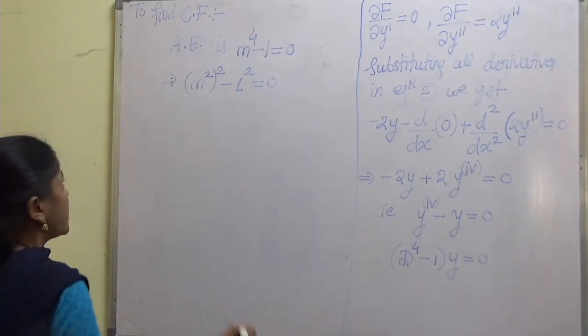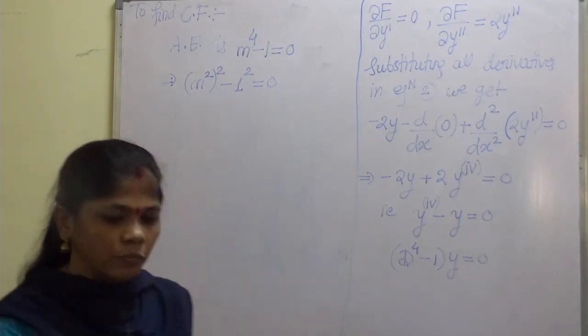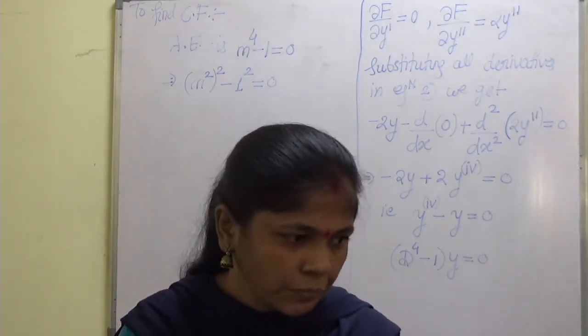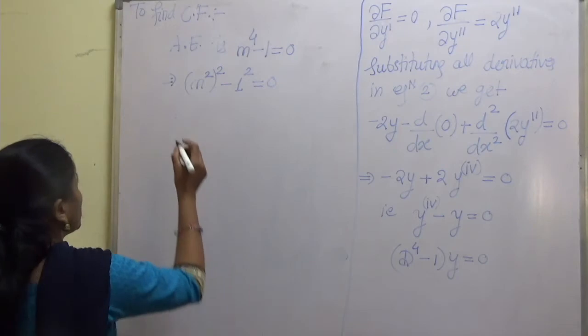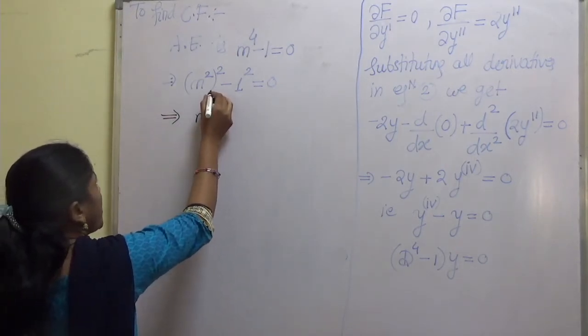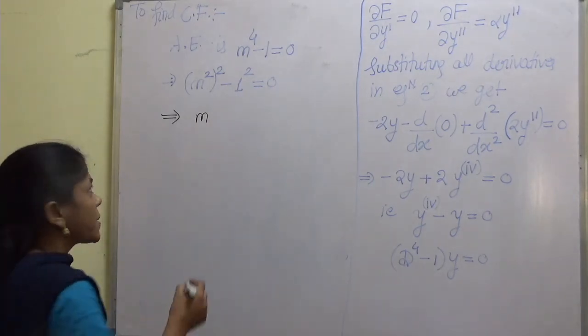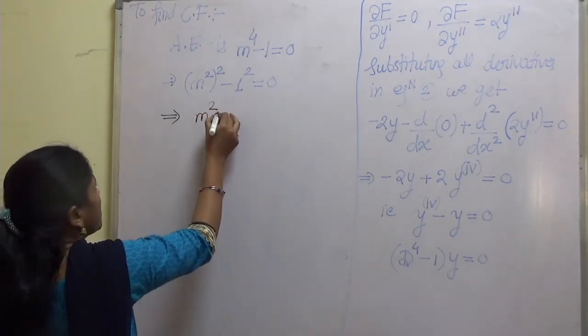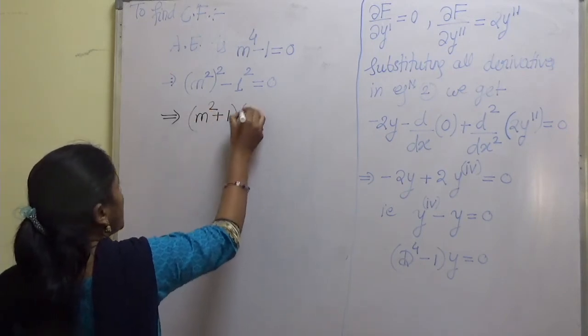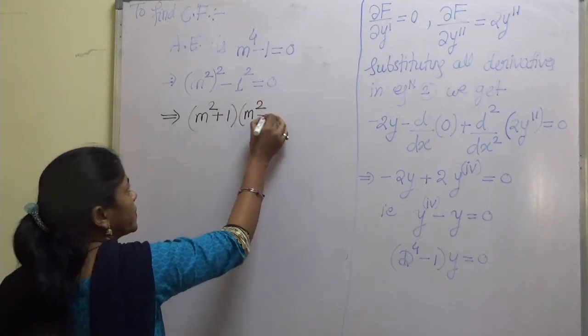Now again, it is in the form a² − b². What are the factors of a² − b²? (a + b)(a − b). Remember, a is here m², b is 1.